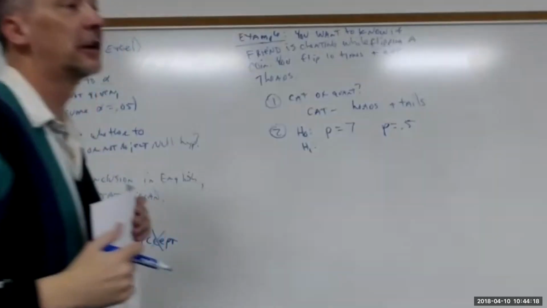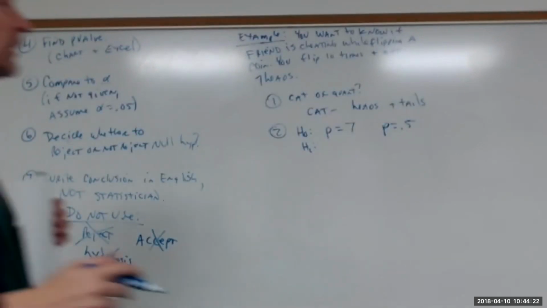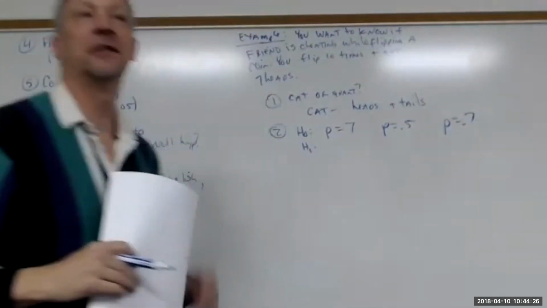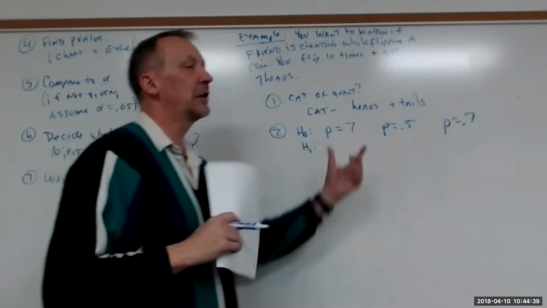Aaron, what do you think? I was thinking 0.7, but not 0.5. We've got a multiple choice now. Anybody else think it could be something else? Should we vote again? You've got 3 choices now. Who agrees with Amanda that it's P equals 7?